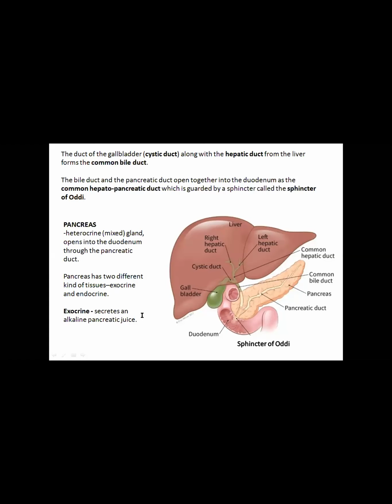Now exocrine function is the one that is going to secrete pancreatic juice. The exocrine tissues in the pancreatic gland are going to secrete pancreatic juice, which will help in digestion. Which function comes under endocrine function?